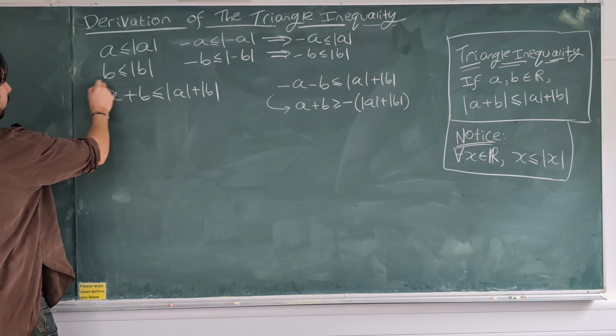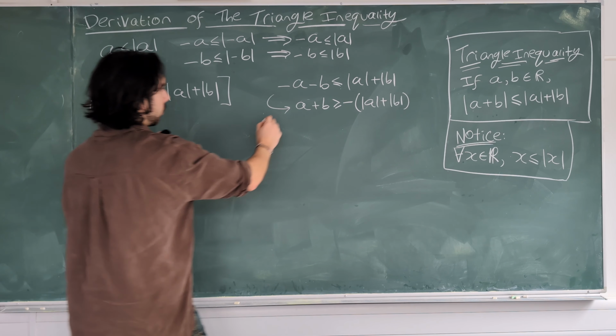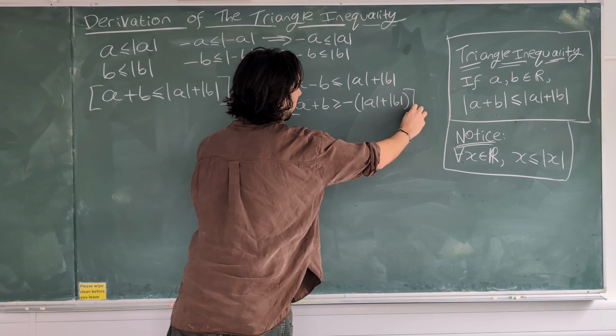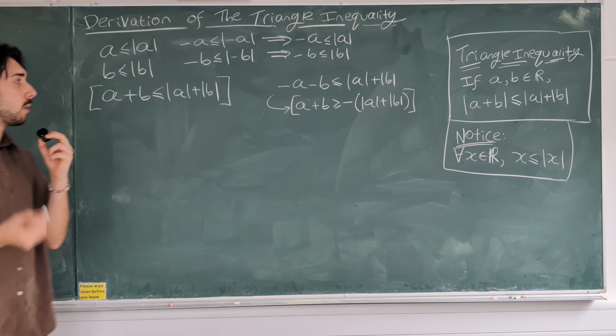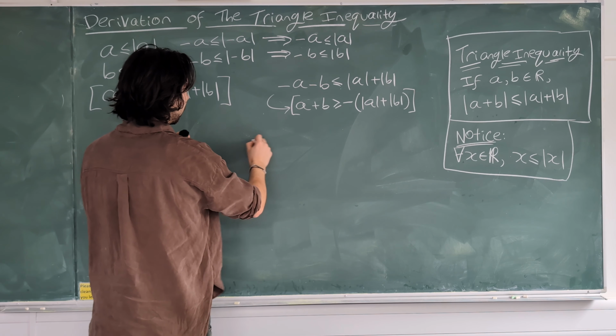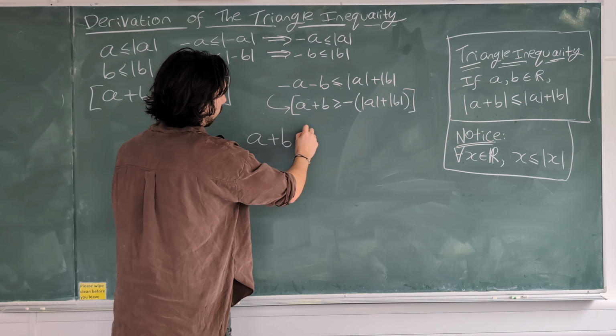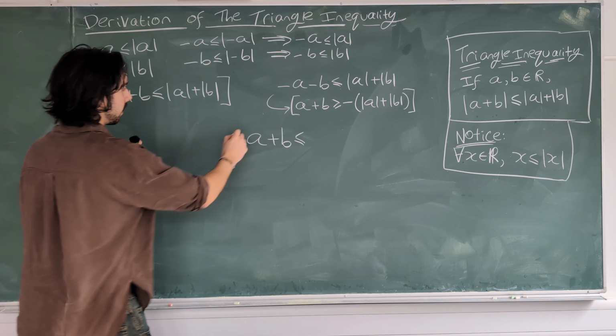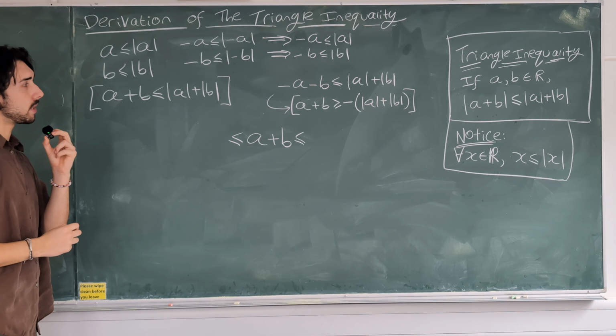So now we have this result here that's going to be really important, and we have this one here as well. What we're going to do is try to combine this into one inequality where a plus b is in the middle. So I'm going to write a plus b. I want this to be less than or equal to something, and greater than or equal to something as well.